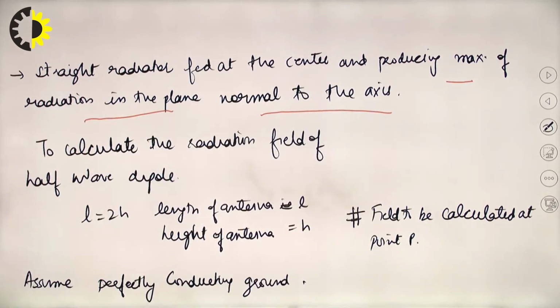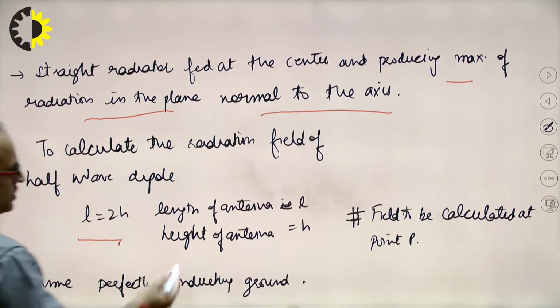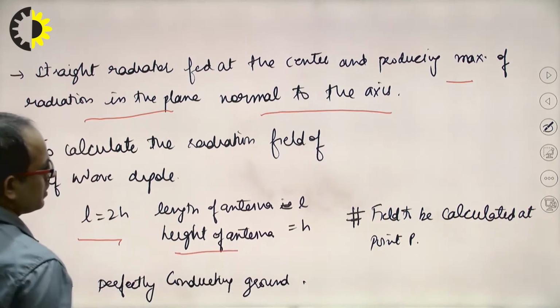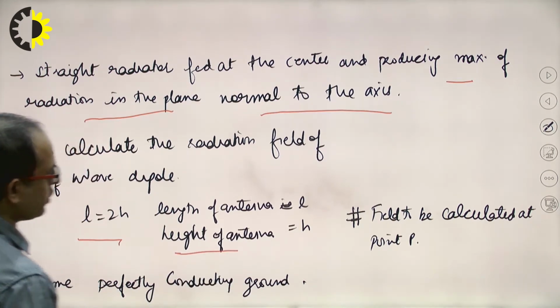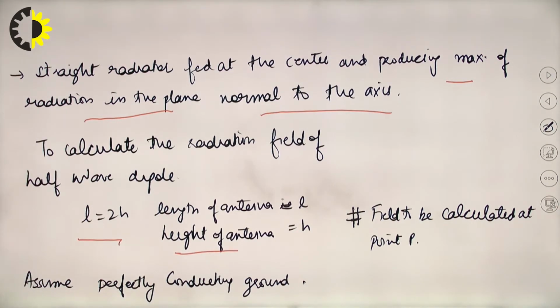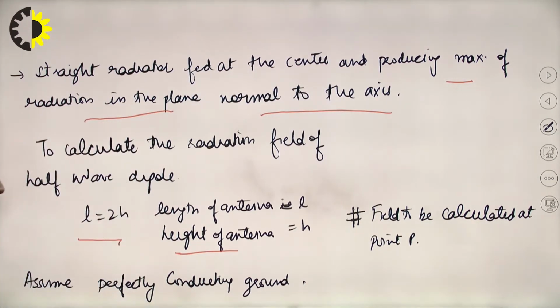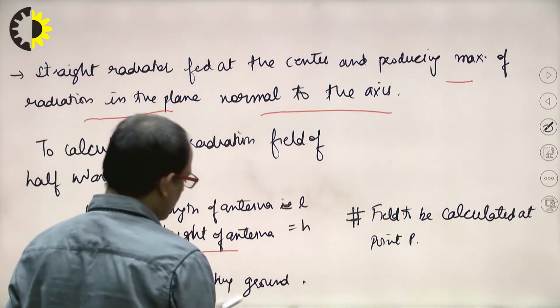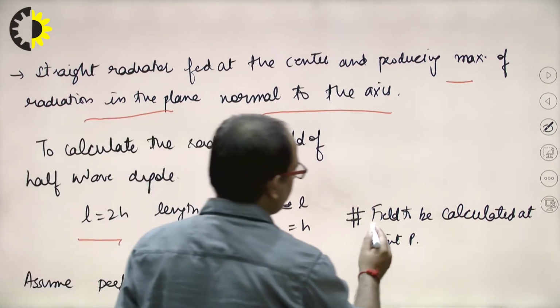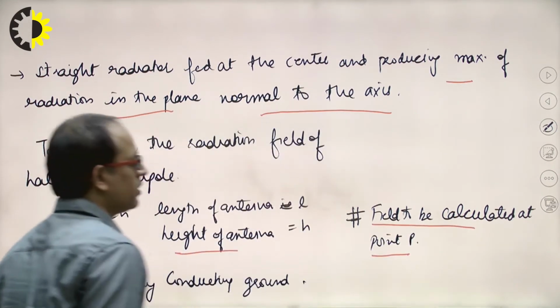Clear? So to calculate the radiation field of a dipole, L equal to 2H, that is, the length of the antenna is twice the height of the antenna, assuming the ground is perfectly conducting. After assuming this, the field is to be calculated at point P.